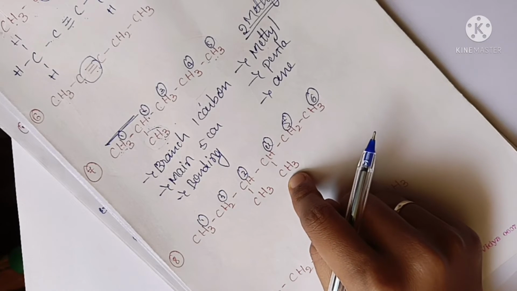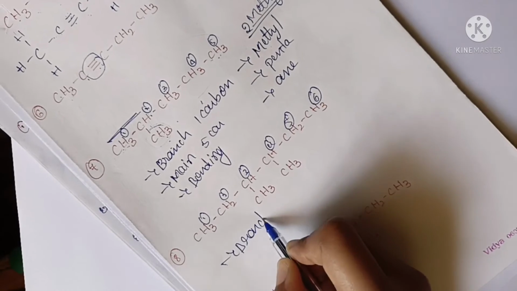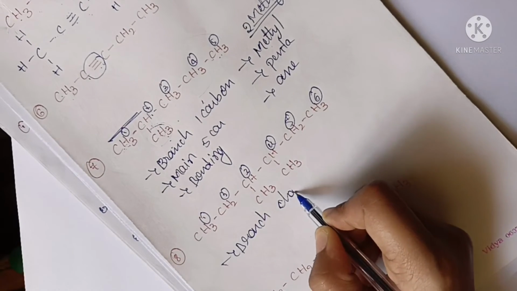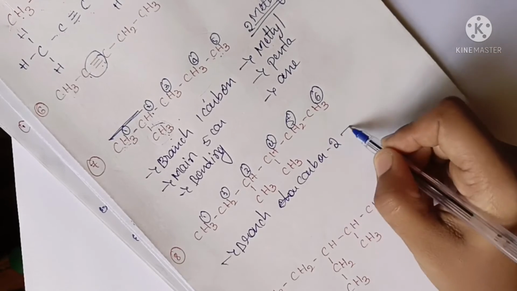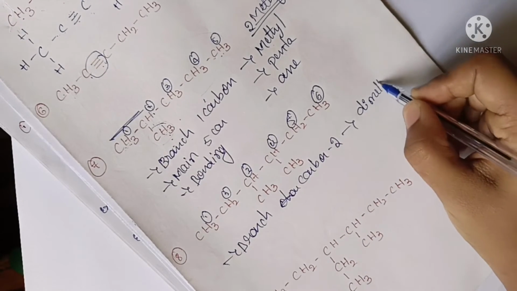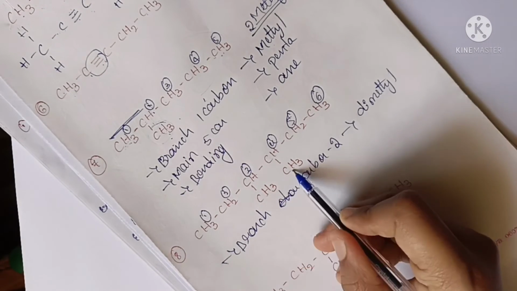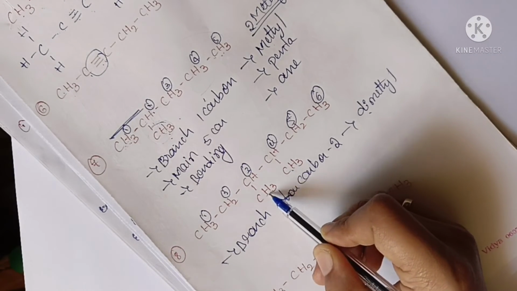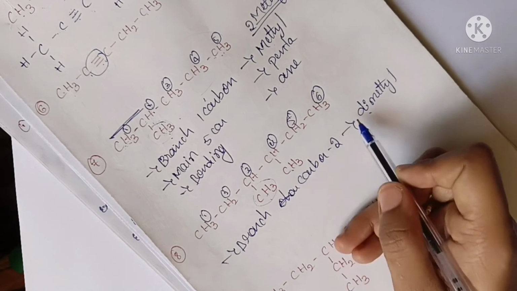But how many branches? Two. So for the branched carbon there are two branches, that's why we call it dimethyl. Two is di, and single carbon is methyl, so dimethyl.